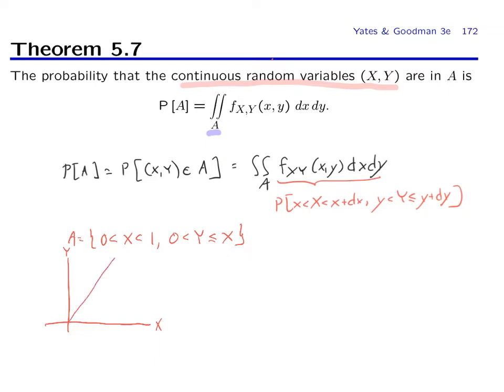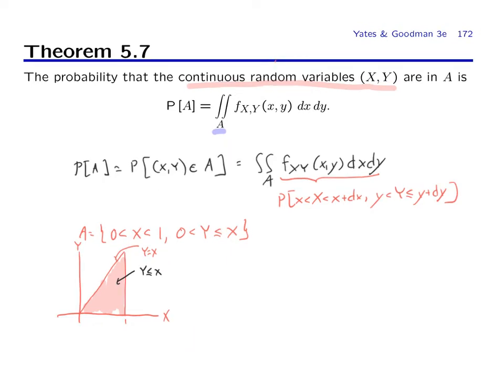And then here's the line where y equals x. This is the line y equals x, and this is x equals 1. And the region of interest is all of this stuff, because in this region down here, y is less than or equal to x.